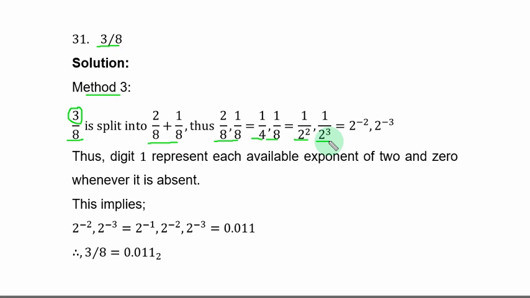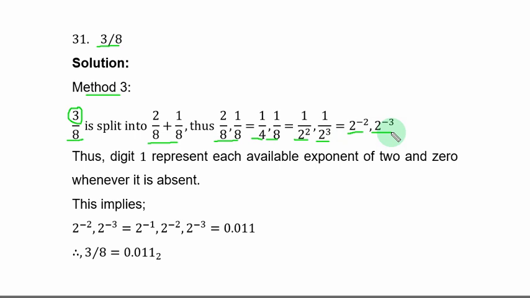Same thing happens to 2 cube. So 1/2 square becomes 2 to the power of minus 2. 1/2 cube becomes 2 to the power of minus 3.